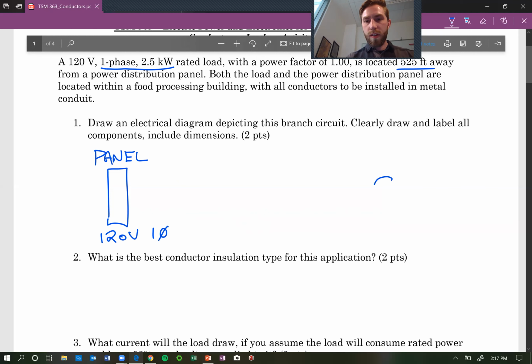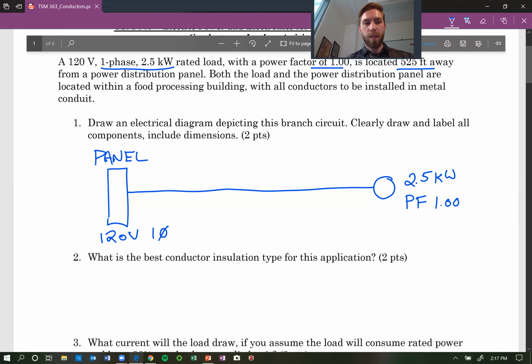Of course, I draw loads as circles, and this is my 2.5 kilowatt load, and it has a power factor of 1.00. And I have my distance from my panel to my load at 525 feet.